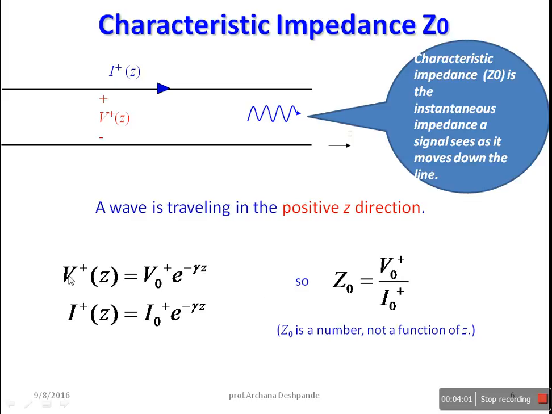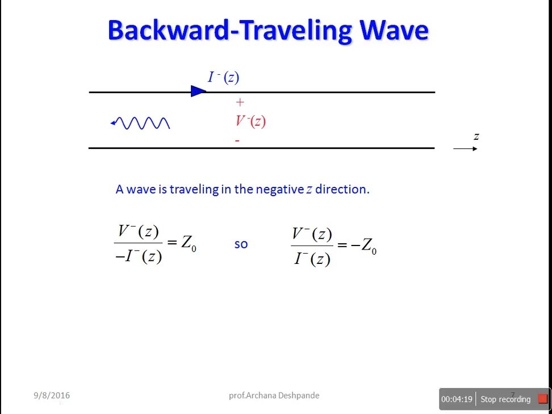So Z0 is V plus of Z upon I plus of Z, which can be written as V0 plus upon I0 plus. It is a ratio of the magnitudes of voltage and current, and therefore it is a number and not a function of Z. The same is applicable for a backward traveling wave. So Z0 is the ratio of V minus of Z upon I minus of Z, that is the ratio of magnitudes of voltage and current along the negative Z direction.